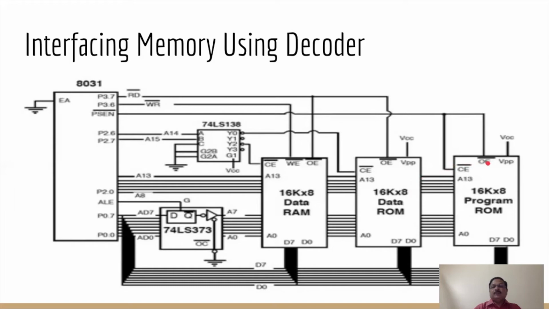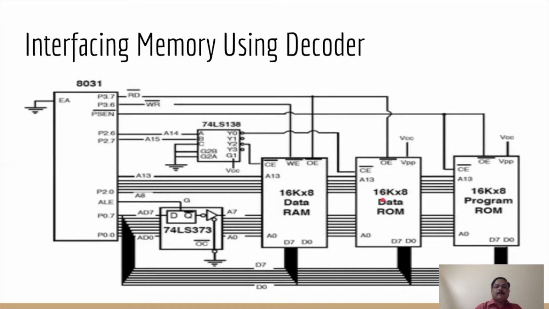For EPROM, no problem, the PSEN signal as it is is used for chip select logic. However, for this data ROM, you can find that the read signal from P3.7 is used as the read strobe. It is going to the output enable of the data ROM, to perform the read operation.